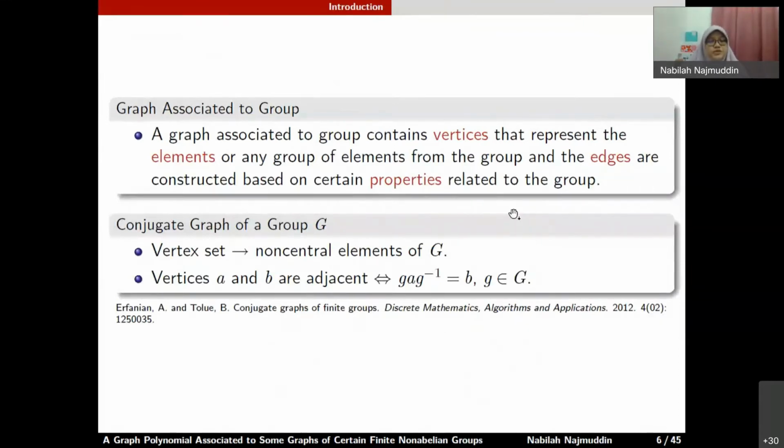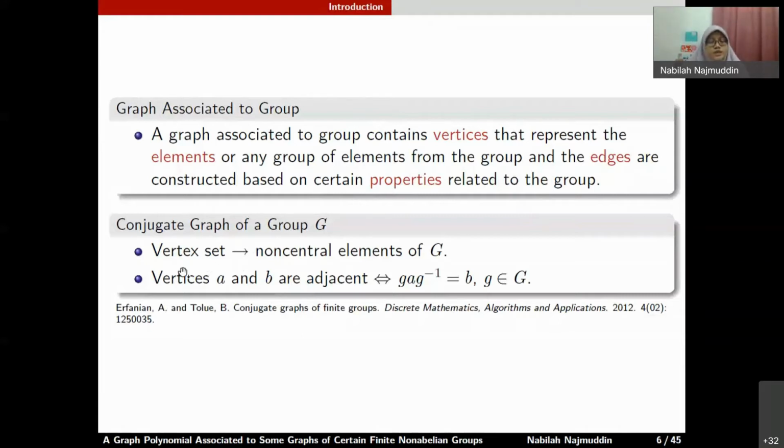Among the famous graphs associated to groups are the commuting graph and the non-commuting graph, which have the elements of the group as vertices, and we also have the conjugacy class graph, in which the vertices are represented by the conjugacy classes of the group. But in this presentation, I would like to highlight the conjugate graph of the group G, in which the vertex set is all the non-central elements of G.